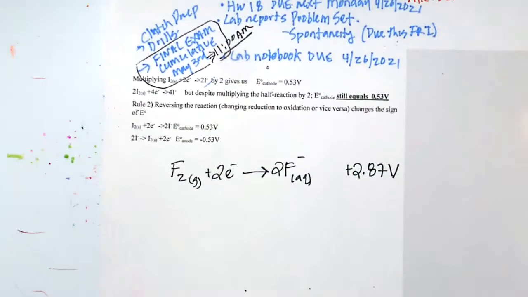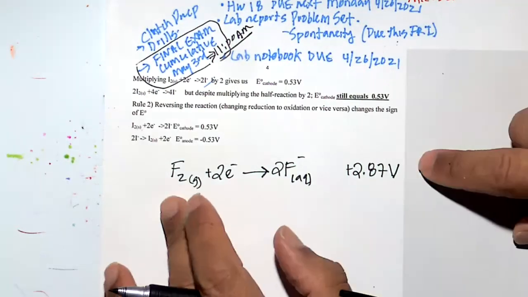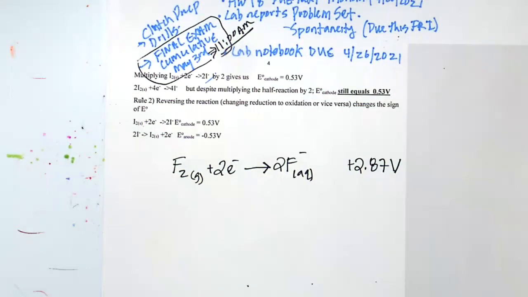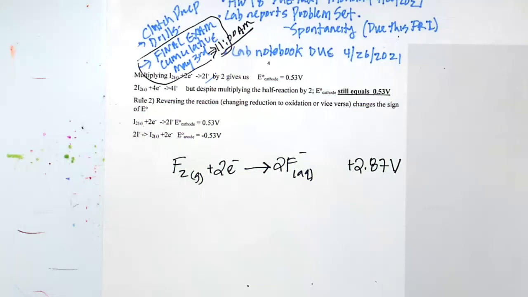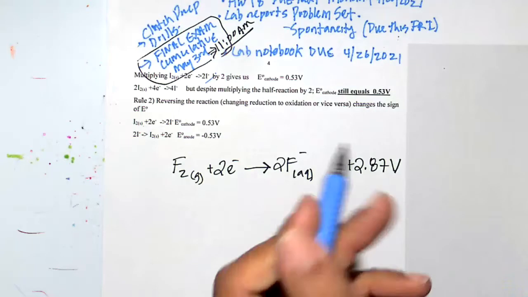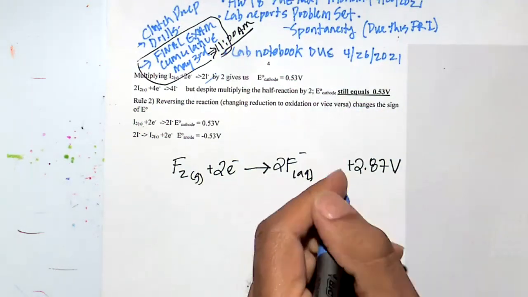Looking at just this half reaction, realizing a full reaction is a half reaction with another half reaction, look at this positive sign here. Is the positive value something that's favored?